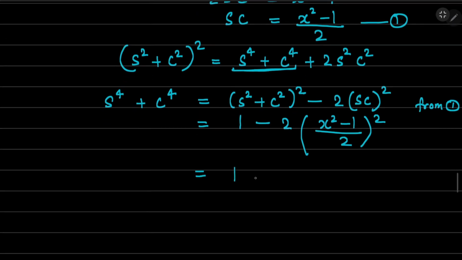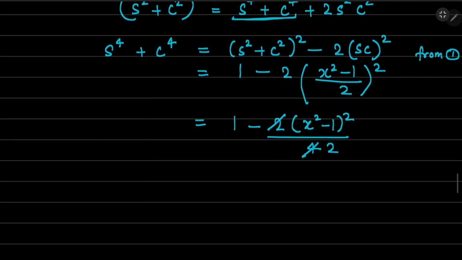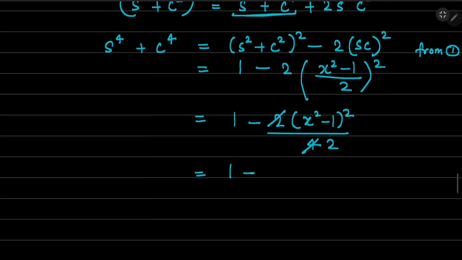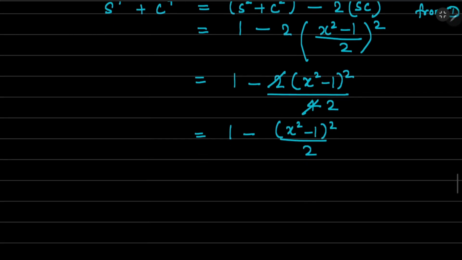So what do you get here? 1 minus 2 multiplied by x square minus 1 the whole square divided by 2 square, which is 4. So you have just cancelled it. So 1 minus x square minus 1 the whole square by 2. Take the LCM by 2, because I have in mind what I need in the RHS.